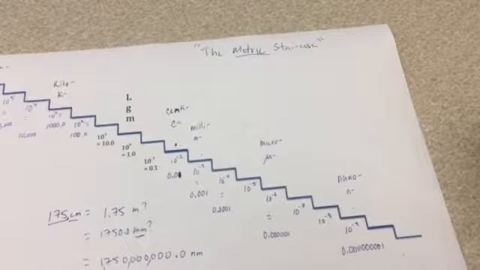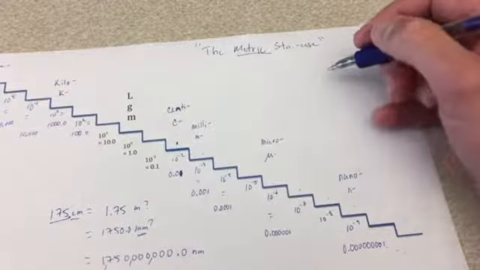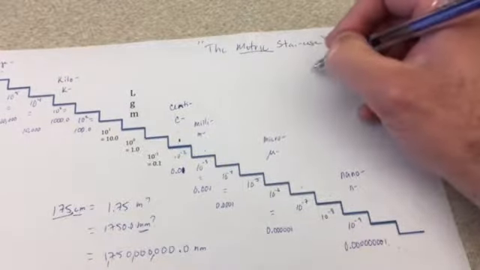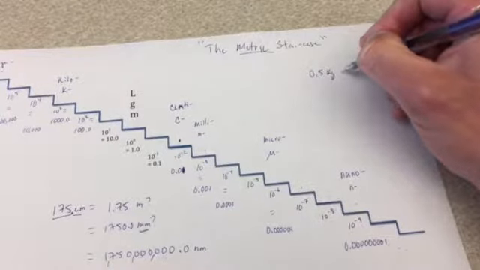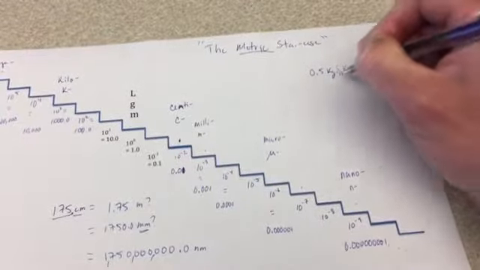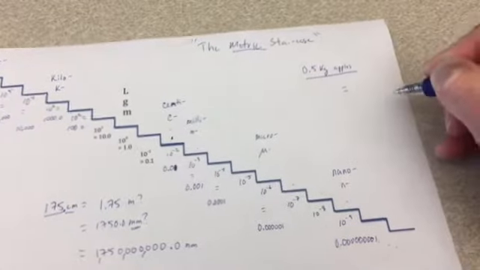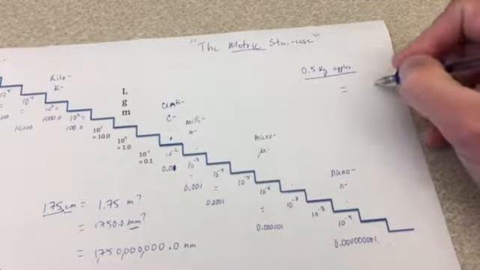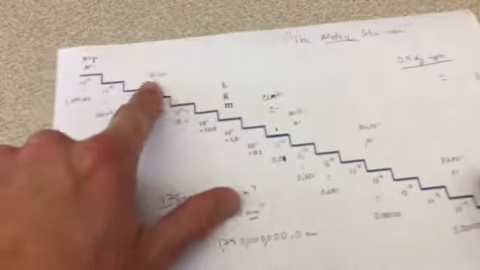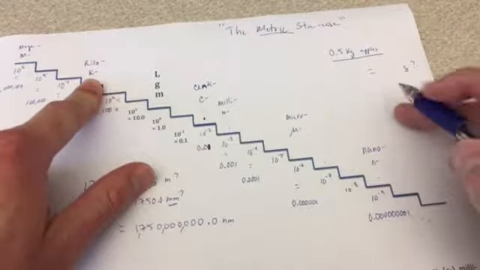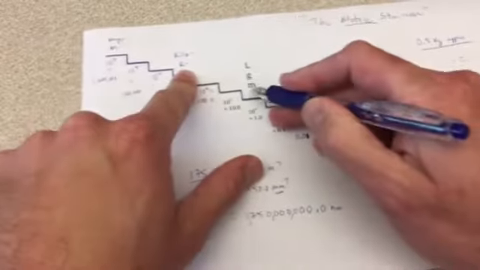Okay, now say you go to the store and you ask for a half a kilogram, so 0.5 kilograms of, I don't know, apples. All right, how many grams of apples do you have? Okay, so where are we starting? We're starting at the kilo place, and we're going to the gram place.